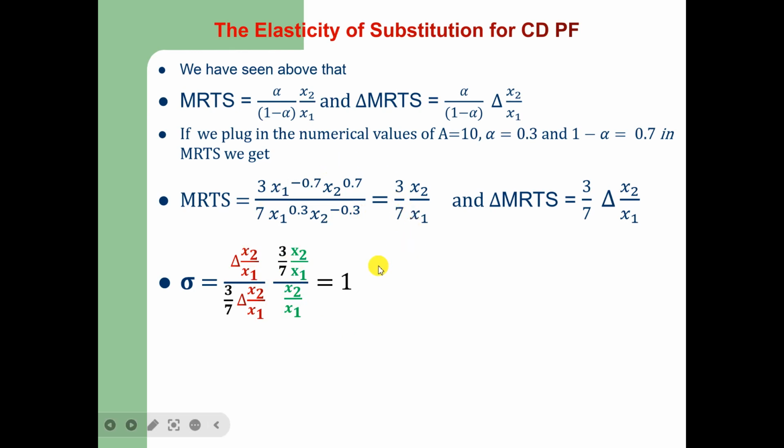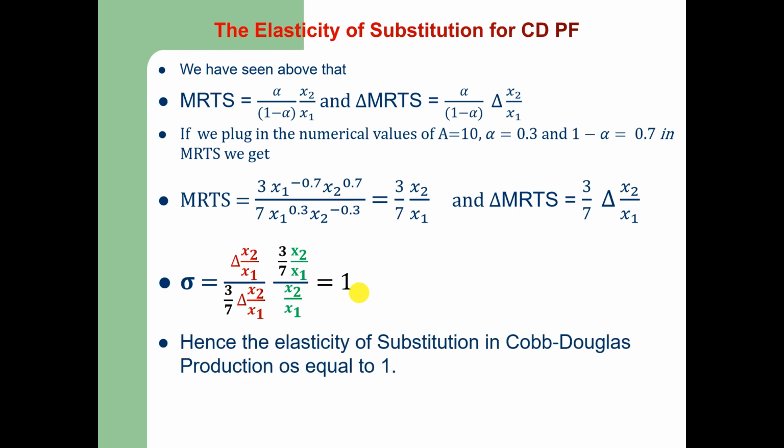So finally the value of sigma, that is the elasticity of substitution, is equal to 1. So in both cases, in the numerical example and in the generalized form of the Cobb-Douglas production function, the elasticity of substitution is equal to 1. I hope this is easy and very convenient to understand.